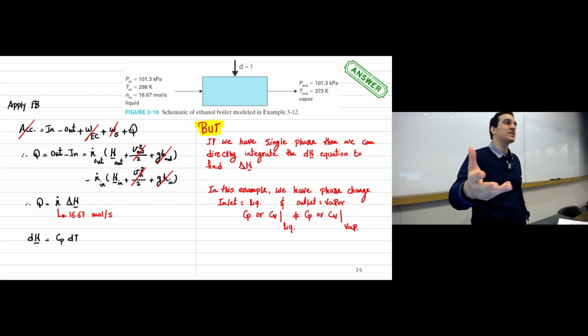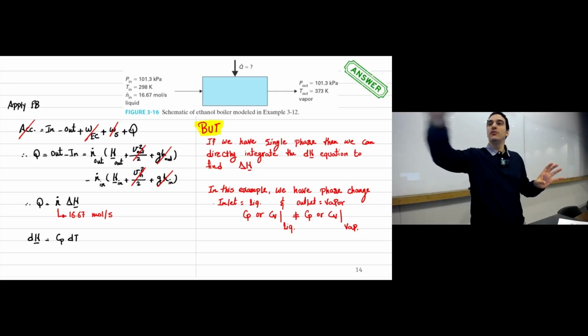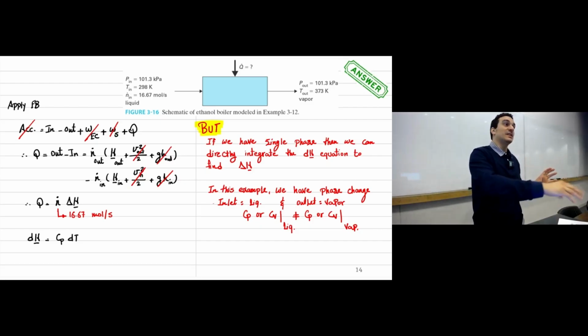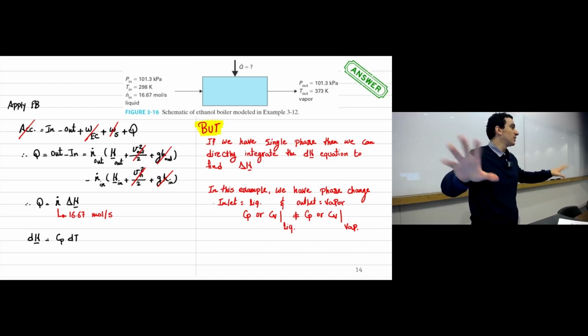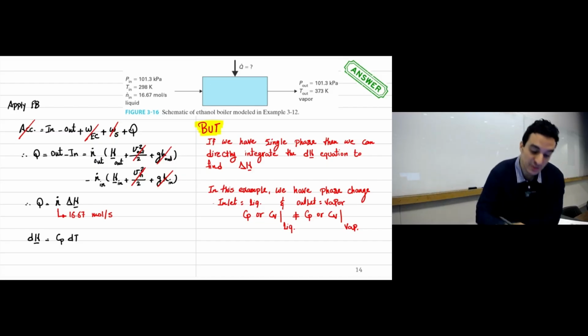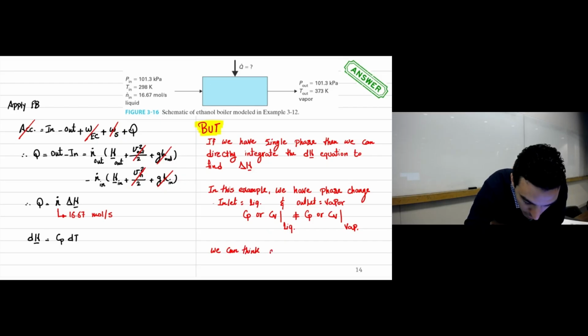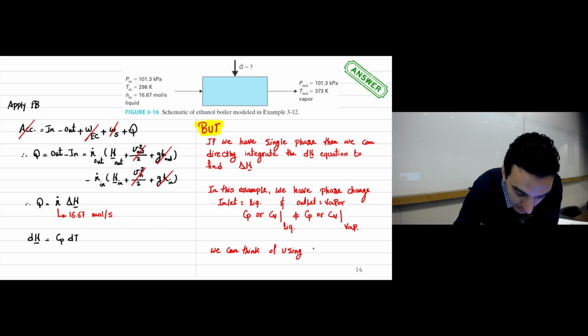In the appendix, Appendix D1 gives you the value of Cp for vapor, and D2 gives you Cp for liquid. So this is totally different, which is why we cannot integrate this equation. But instead, what we can do here is think of using hypothetical paths.